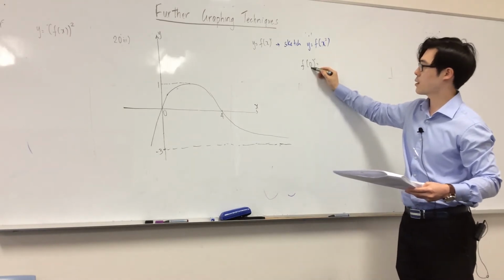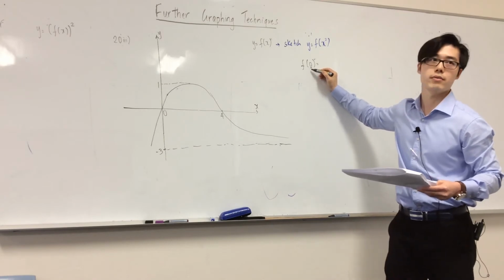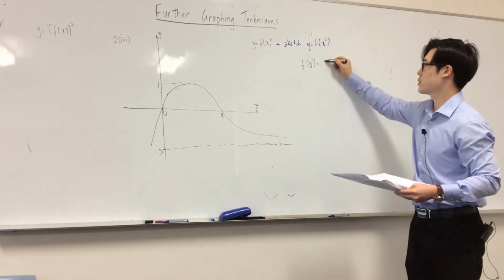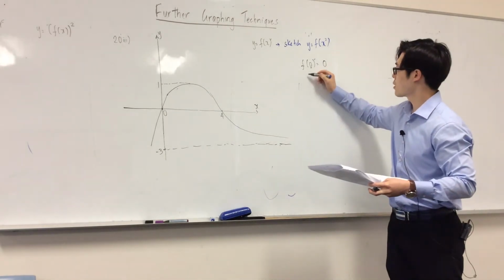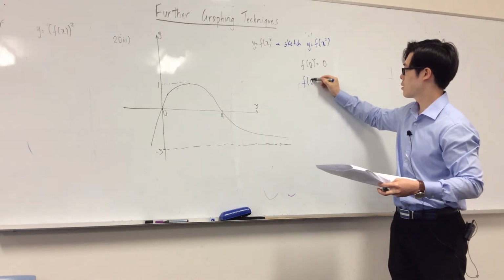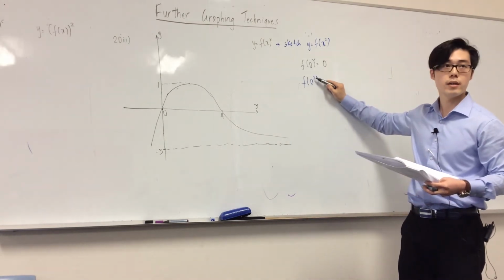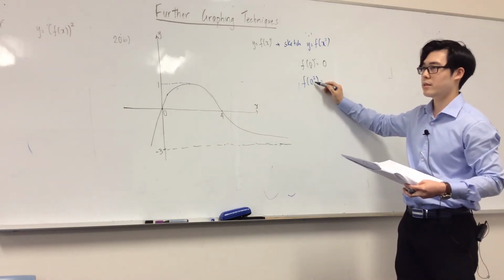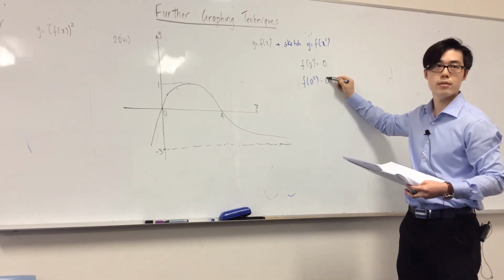Girls, when x equals 0, what is the y value based on the graph? So when x equals 0, y equals 0. Is that all right so far? Yeah. Now, girls, isn't writing 0 the same thing as writing 0 squared? Yeah. And we've established that the x value of 0 gives y equals 0 on the graph.